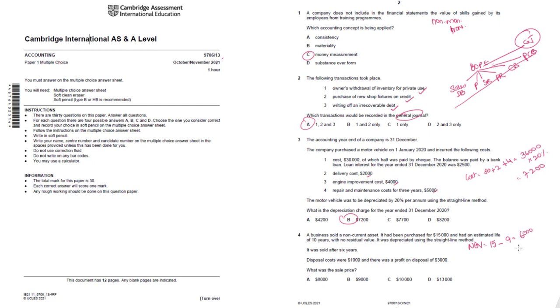Profit on disposal is 3,000. So how much would be the sale value? The sale value will obviously be 9,000, 6,000 plus 3,000. By sale value, I mean net sale value, which is after the disposal cost. To this, if we add the disposal cost 1,000, we will arrive at the gross sale price, which is 10,000. So 4C.